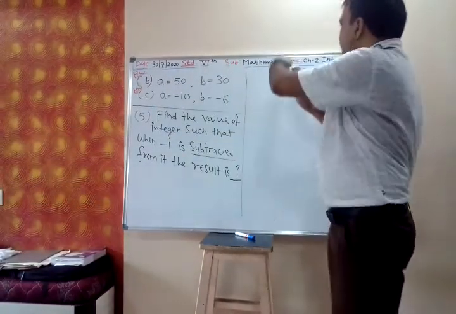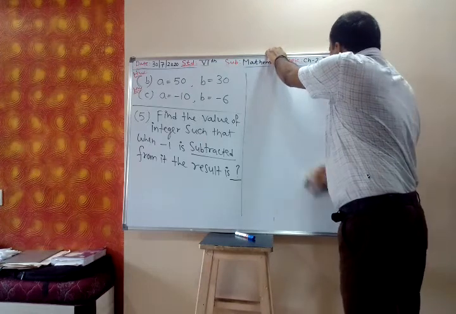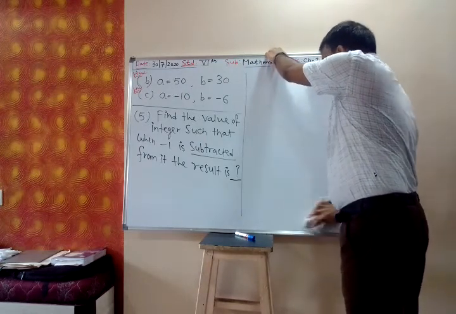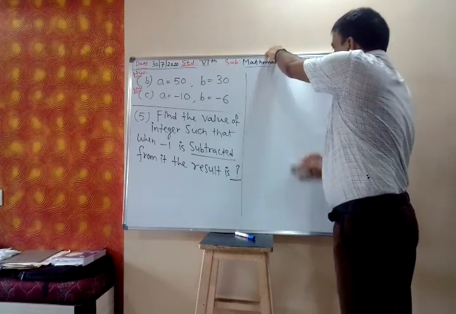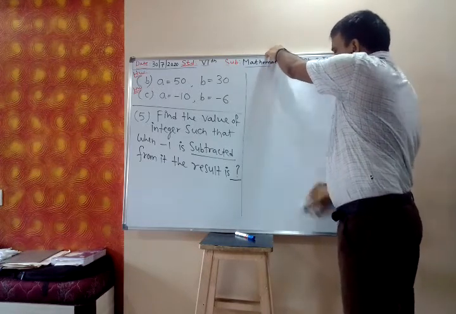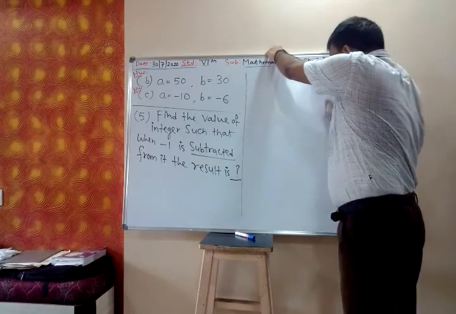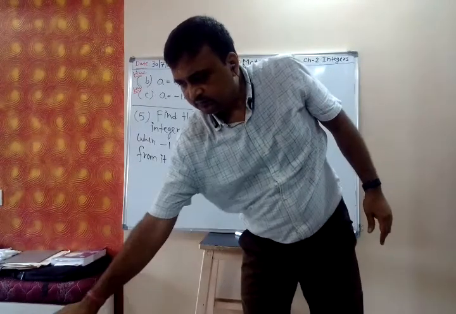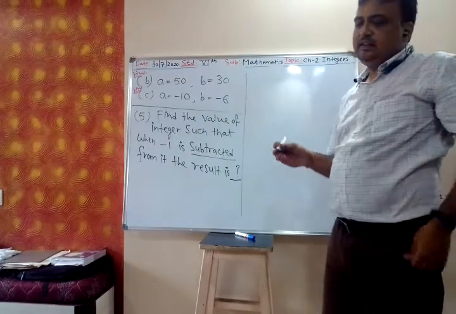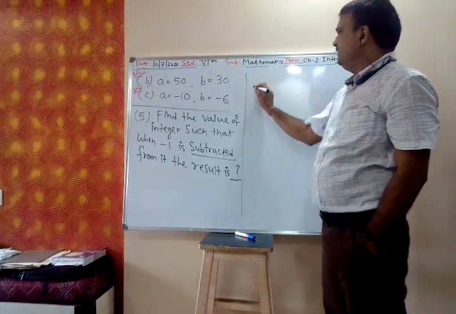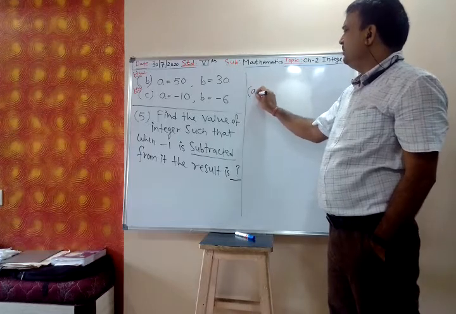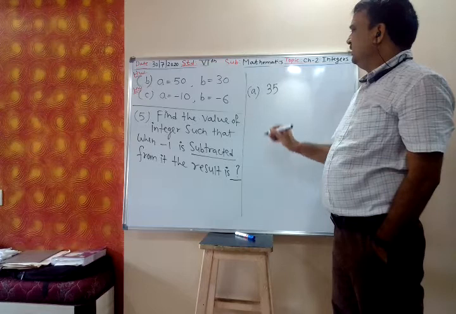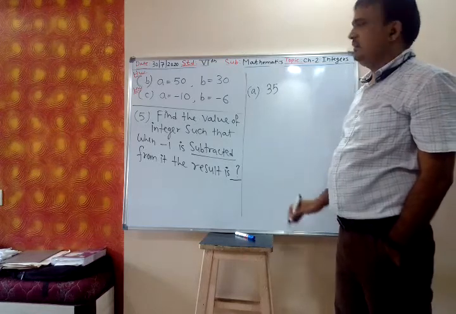So first, the integer given is 35. Wait. Why are you passing the comment? First, A is 35. So you have to subtract minus 1 from it.